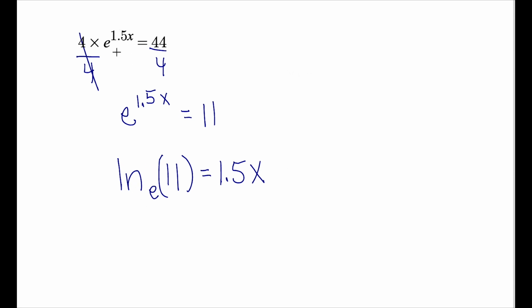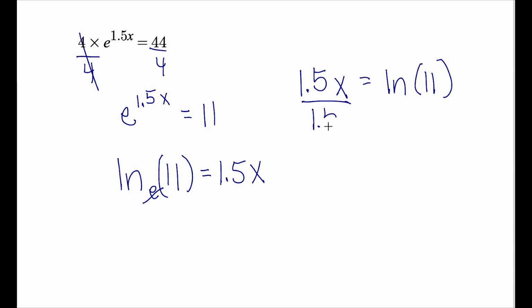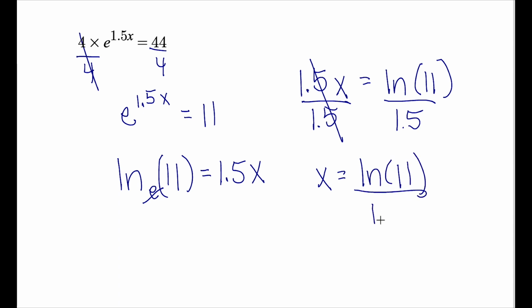Now, just like log base 10, we can ignore the base; with ln, we can also ignore the base. So that leaves me with 1.5x equals ln 11. To get x by itself, we divide by 1.5. So x is ln 11 over 1.5.